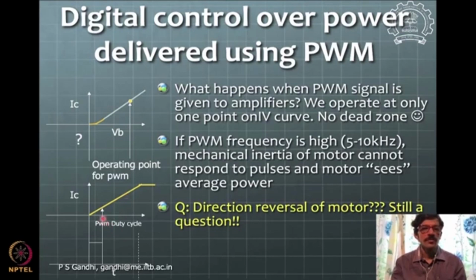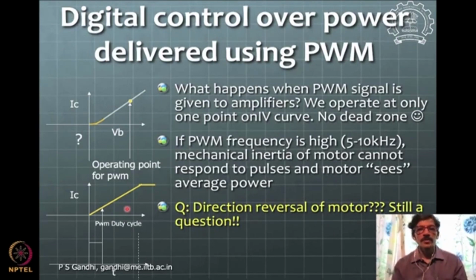As you give the on time lesser or more, the power delivered will be less or more. The average value of the current flowing in my motor is going to change based on the on time, or how much time I give during the cycle of the PWM.